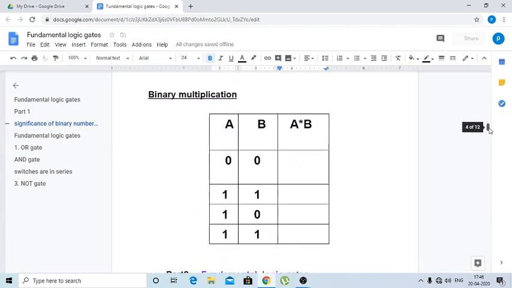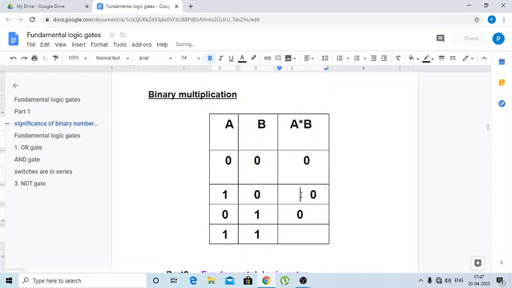And coming to binary multiplication, this is the truth table of binary multiplication. For the first value, 0 multiplied by 0 is 0. In the second, A is 1, B is 0, so 1 multiplied by 0 is 0. Again here A is 0 and B is 1, and as in ordinary multiplication, 0 multiplied by 1 is 0.